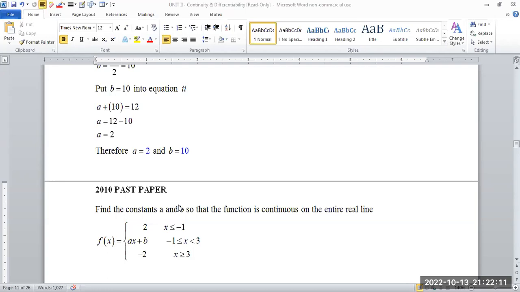The limit of a constant is the constant itself. No matter what number it is, it's still going to be that number because it's a constant. You have no variable to substitute. So the limit to the left of -1 is going to be 2, and therefore the limit to the right of 3 is going to be -2. Very nice. Continue for me, please.